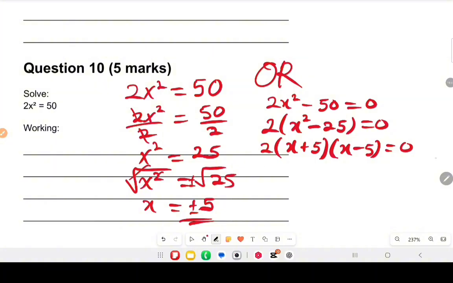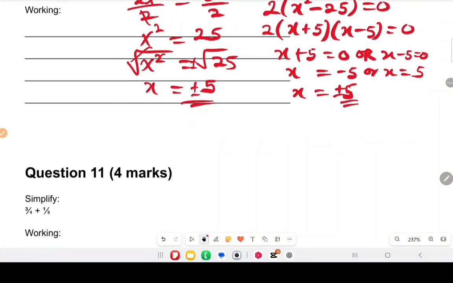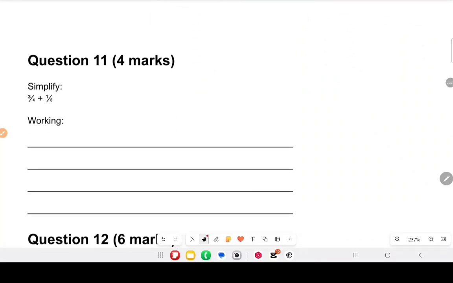Either 2 is equal to 0 or any of the brackets equals 0, which will give us x plus 5 equals 0 or x minus 5 equals 0. When we collect like terms, we have x equal to minus 5 or x equal to 5, x equal to plus or minus 5 as the answer, same as the first one. Then we move further to question 11.